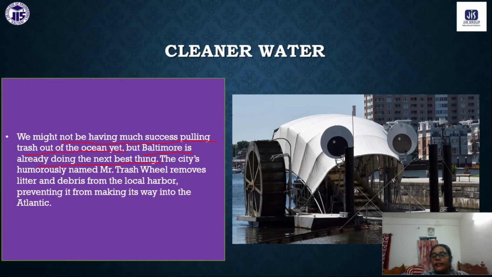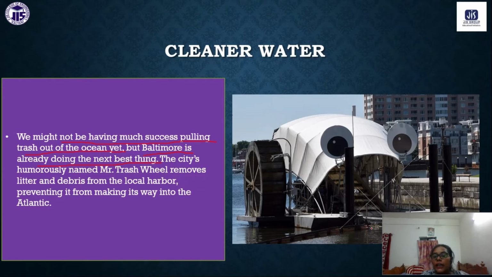Generally we have this instrument in Baltimore. The city humorously named it Mr. Trash Wheel, which can remove litter and debris from the local harbor, preventing it from making its way into the Atlantic.